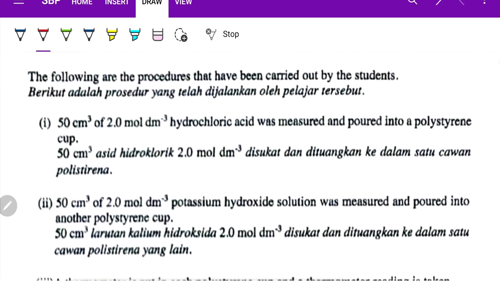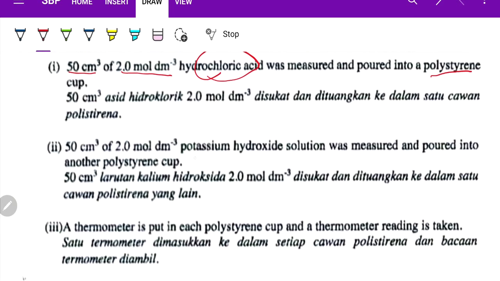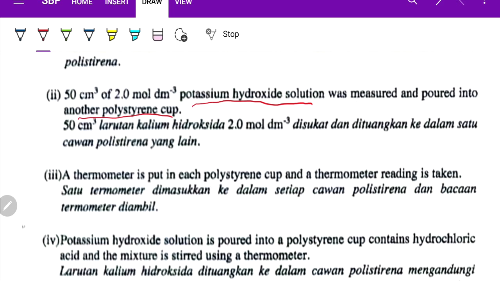Set number one, step one: 50 cubic centimeters of 2 mole per cubic decimeter hydrochloric acid is measured and poured into the polystyrene cup. Step two: the same volume and concentration of potassium hydroxide solution is measured and poured into another polystyrene cup. A thermometer is put in each polystyrene cup and the thermometer reading is taken.